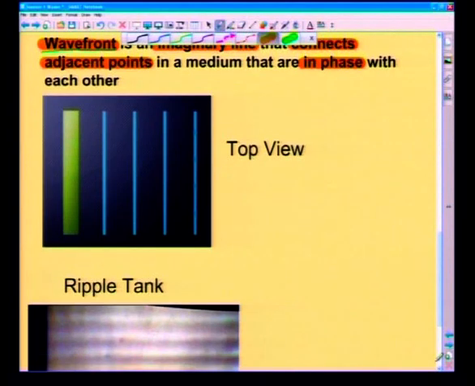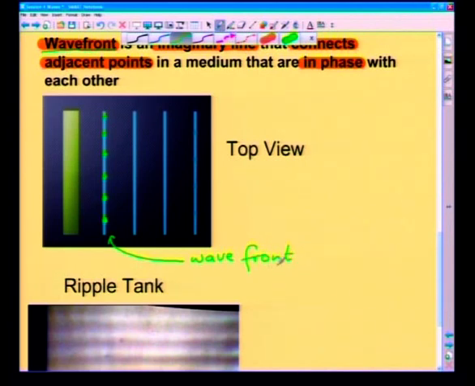Now, from the points I drew earlier on, if you have got this situation here, where those points I drew earlier on are actually forming that line, so they are in phase, we call this a wave front.